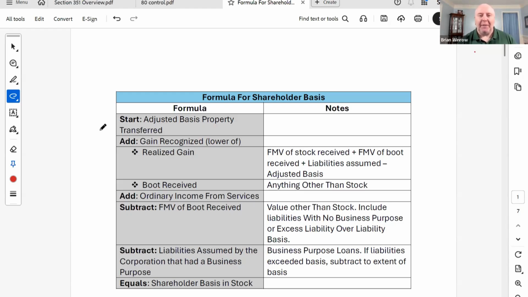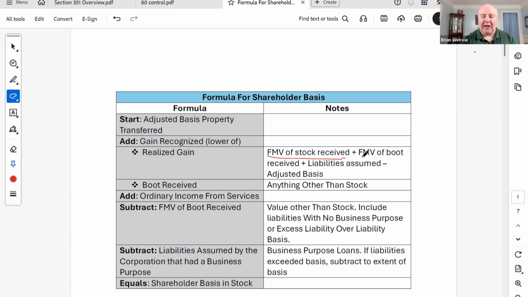For determining basis, the gain recognized is going to be the lower of realized gain or boot received. So the lower of realized gain or boot received is going to be our recognized gain, which we're going to add to our adjusted basis. So if we look over under the notes, we can see the fair market value of the stock received. All right.